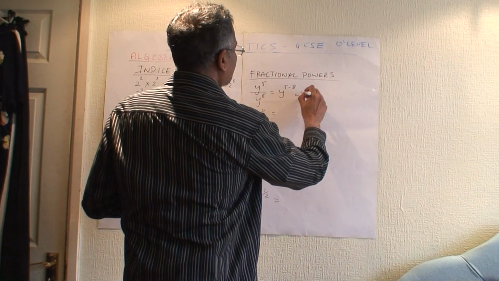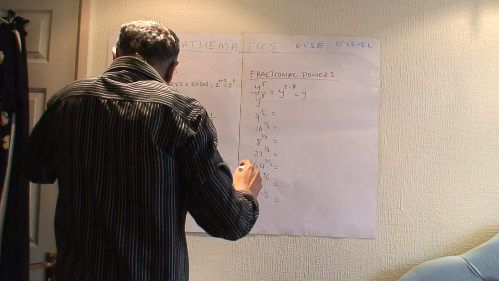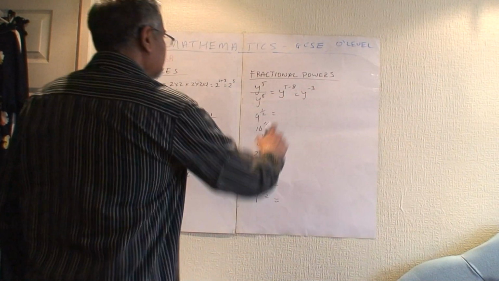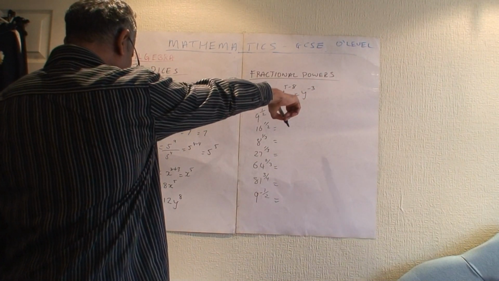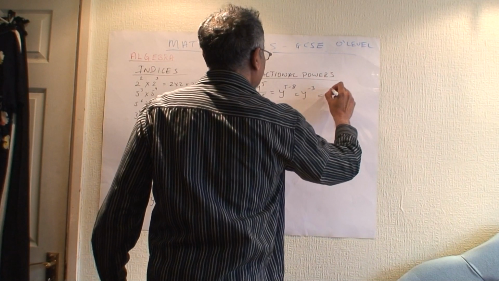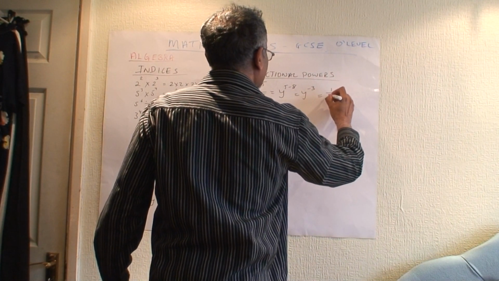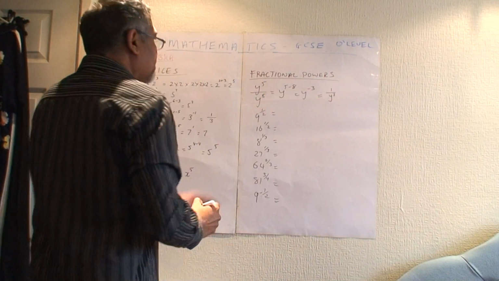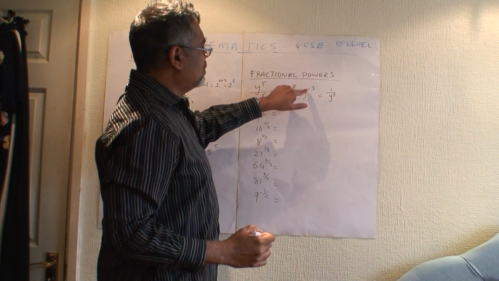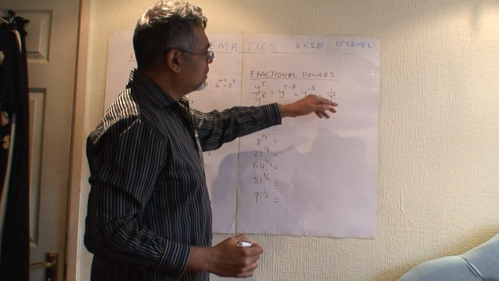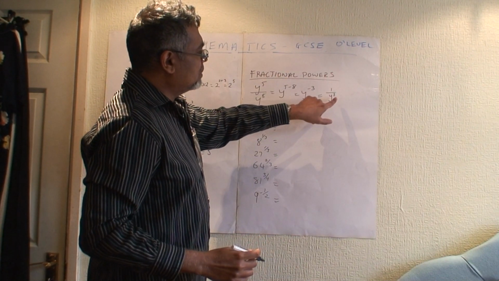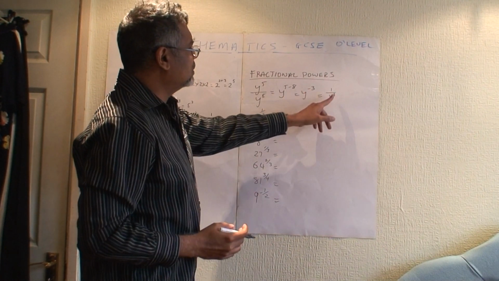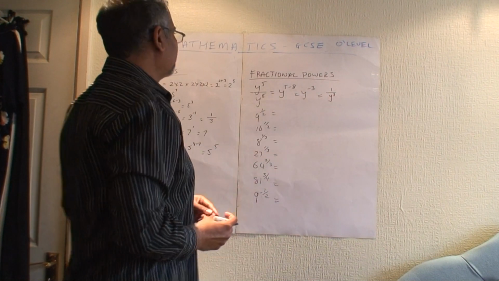So we have y to the power of minus 3. Okay, y to the power of minus 3 is equal to 1 over y to the power of 3. Okay, so it has lost its minus sign when it goes at the bottom of the fraction. Right, it loses the minus sign.